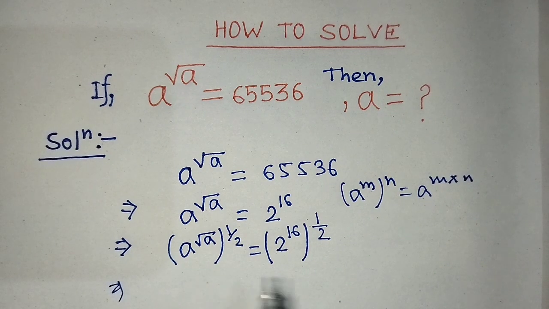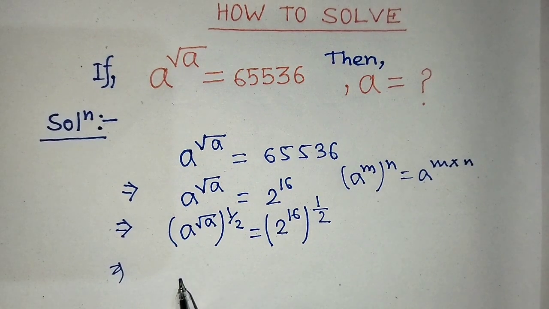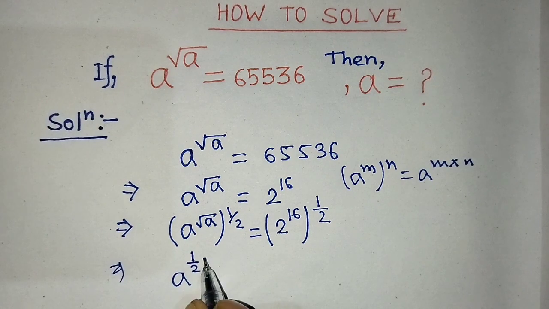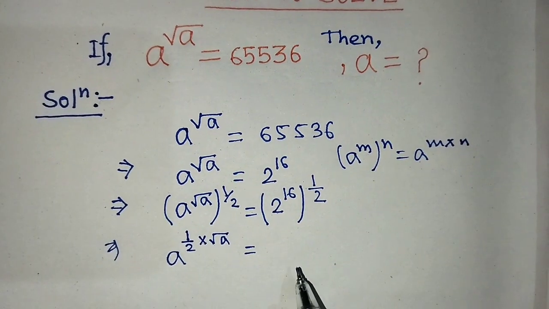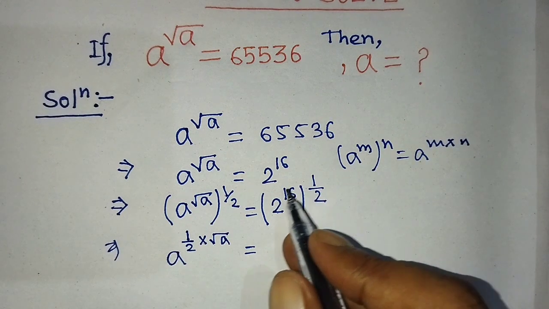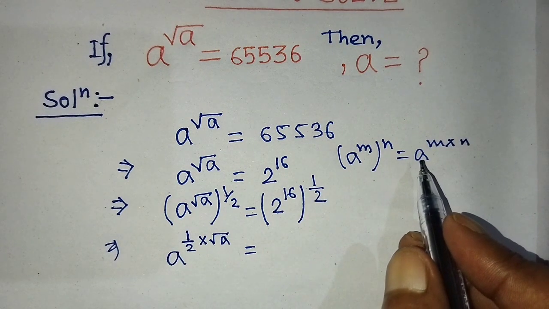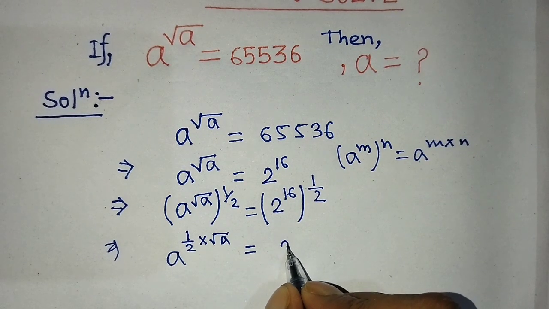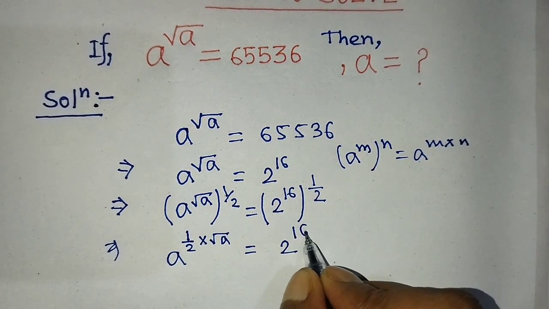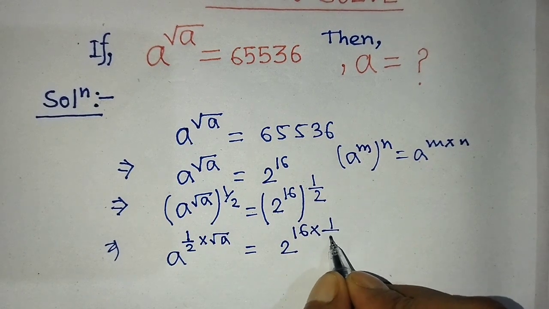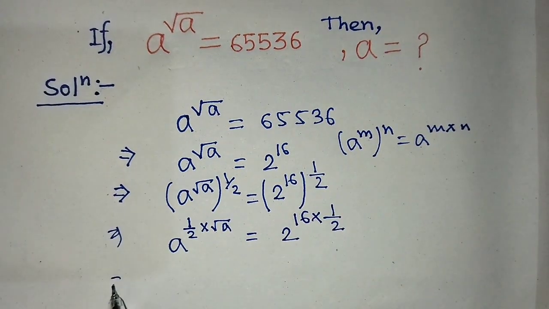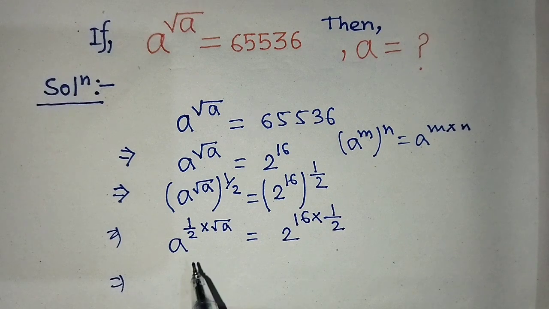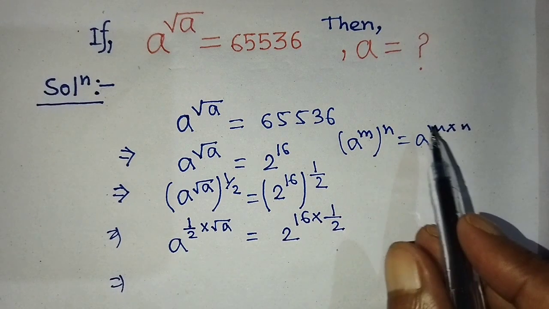Okay, so on the left hand side we have to write a to the power 1 by 2 into root over of a is equal to, on the right hand side, to simplify this exponential form, we have to apply this formula. So we can write 2 to the power 16 into 1 by 2.